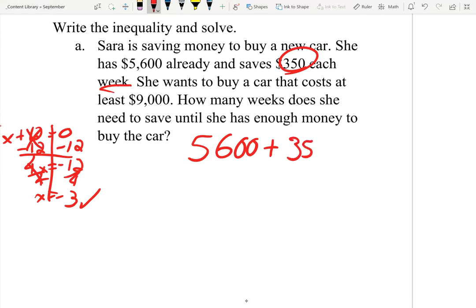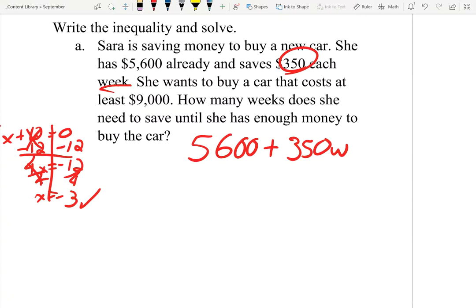So $350 times W, putting W instead of x, W for week, because it's $350 every week. The 5,600 is not going to change over time. It's going to stay 5,600, but we are going to add this amount over time, which is why we have 350 times W, 350 every week that goes past.